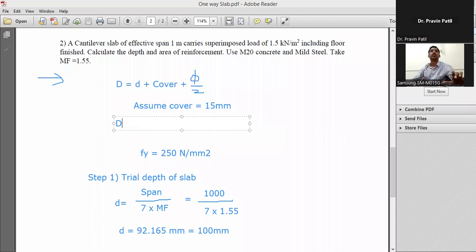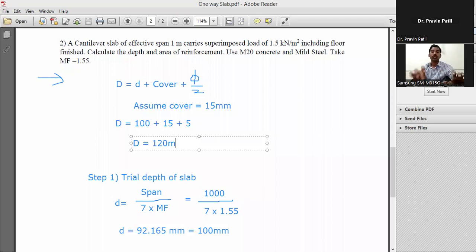So overall depth D is equal to small d, 100 mm, plus cover 15 mm, plus diameter of bar by 2, which is 5 mm. So overall depth is 100 plus 15 plus 5, that is 120 mm. This is the overall depth of slab: capital D is equal to 120 mm.